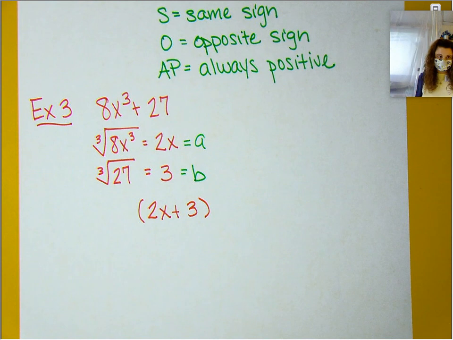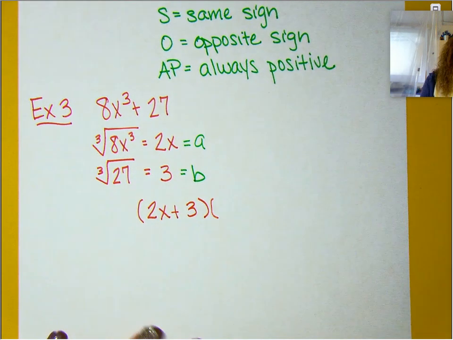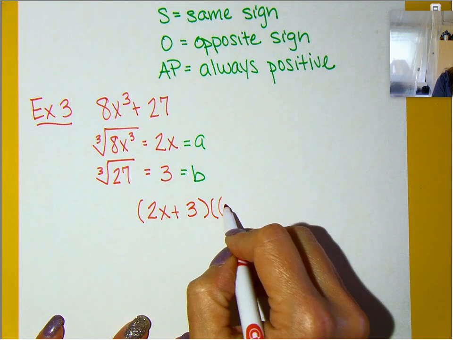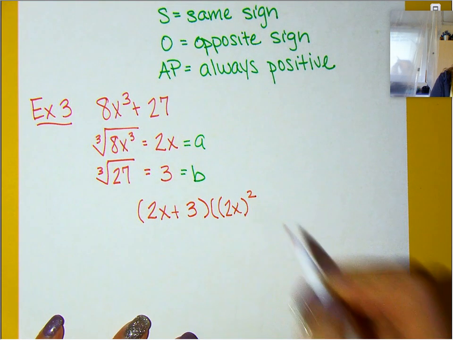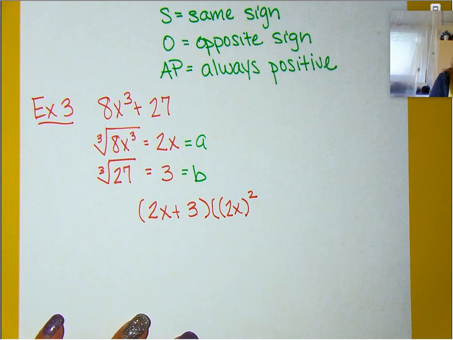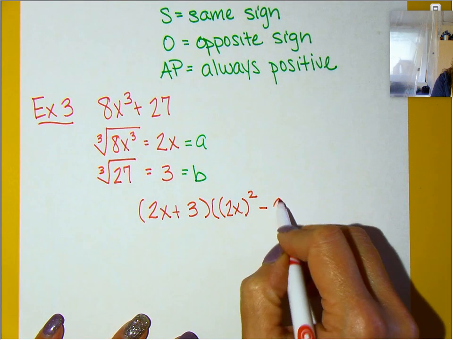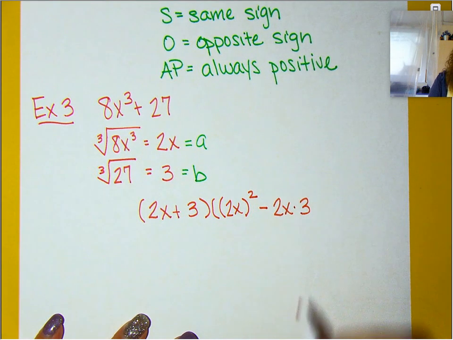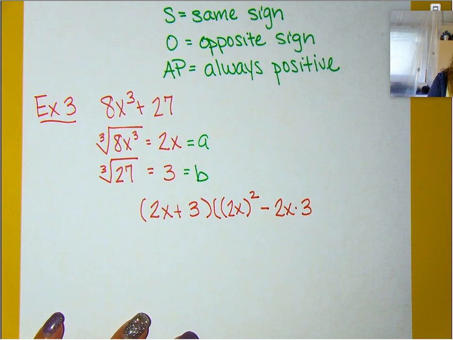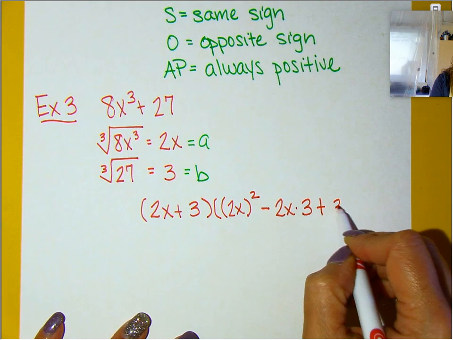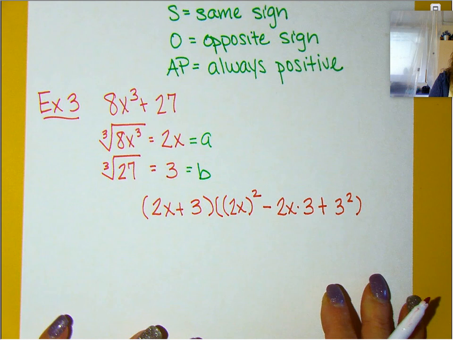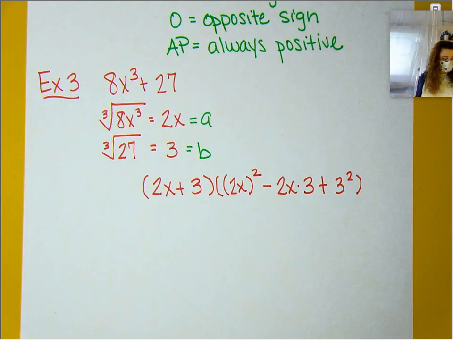So our pattern's going to be a plus b: 2x plus 3, times a squared, so 2x squared, minus a times b, plus b squared. And if you can do it in your head, that's fine.